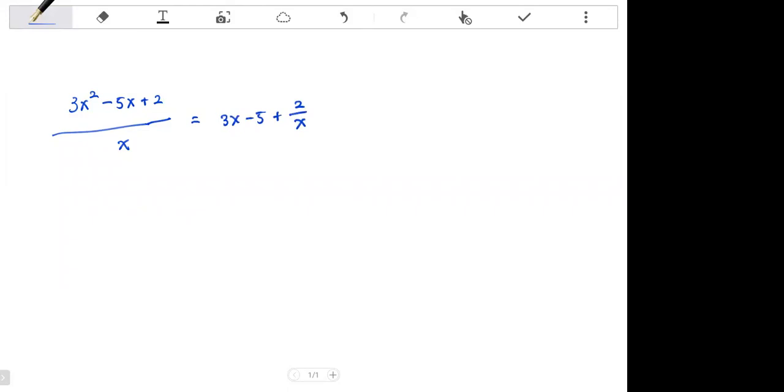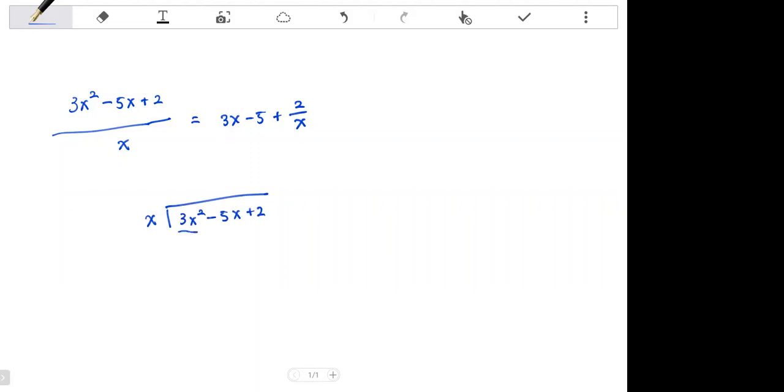Does anybody need explaining on how to do this? Since you guys said remainders were hard, I'll go over this example one time. So we're dividing by x. We change it so we can divide in this form. How many times does x go into 3x squared?